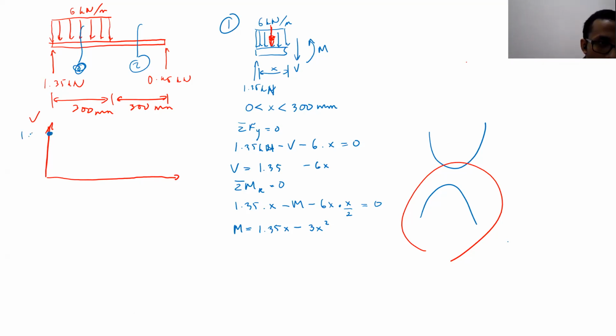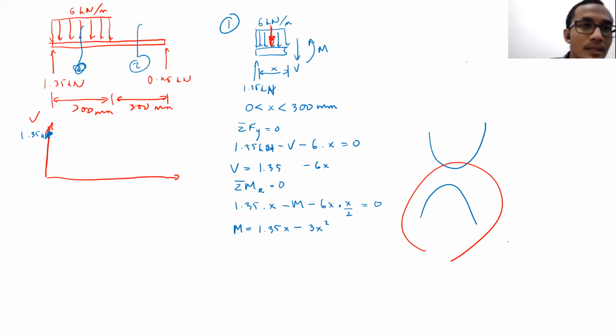It will go down until 6 times 300. You have to remember just now when we derived everything, we multiplied 6 with x, and there x is supposed to be in meters. Why?